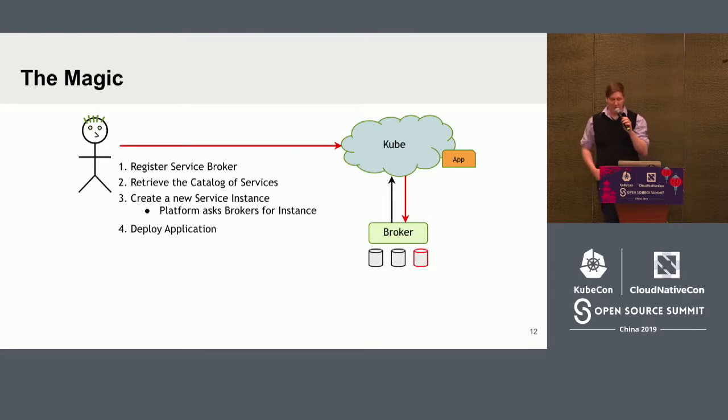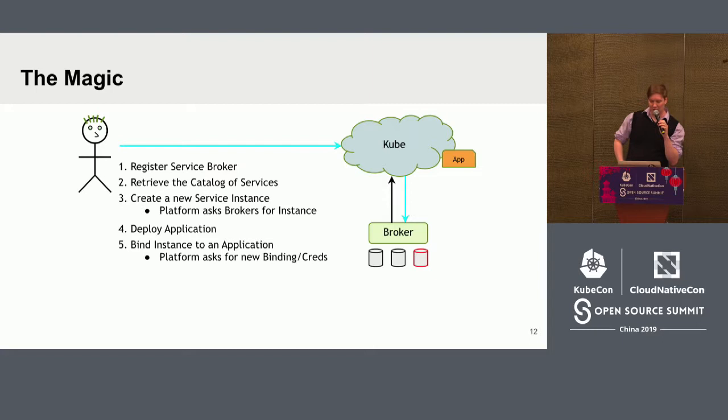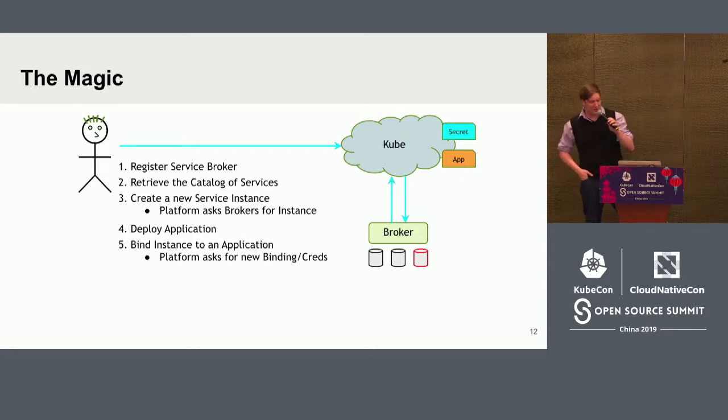That user is going to deploy some application that needs to consume the service. It's going to create a binding by creating a service binding object in Service Catalog, which again, we're going to forward that request to the broker saying create a binding to that instance you already have provisioned. And it's going to return a set of credentials. Now, I mentioned this before, these credentials are arbitrary JSON.